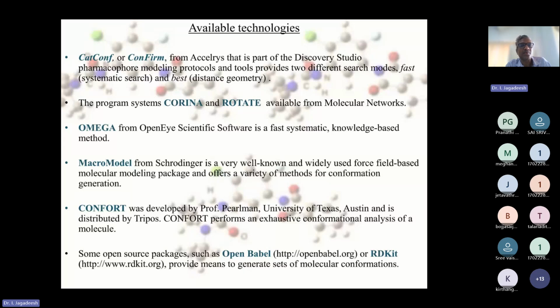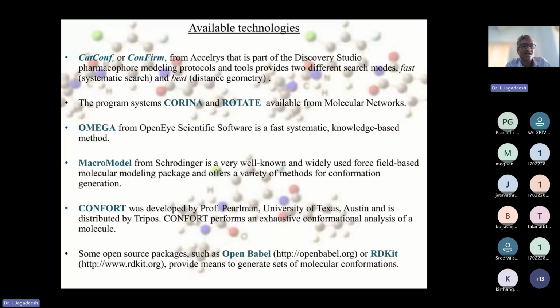So these two approaches are present with Confirm and CAT Confirm. Then program systems like CORINA and Rotate are web-based tools available from Molecular Networks, where we can see the fragment impacts with each.